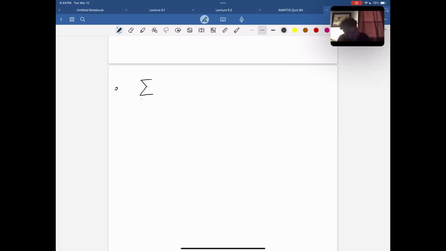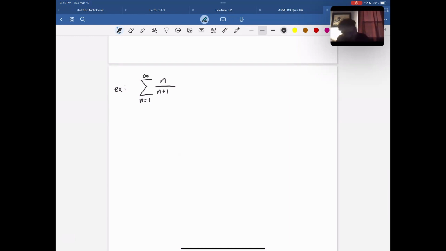For now, let's take a look at the infinite series of n over n plus 1. It's not immediately obvious that this thing will diverge, but it turns out that it does.